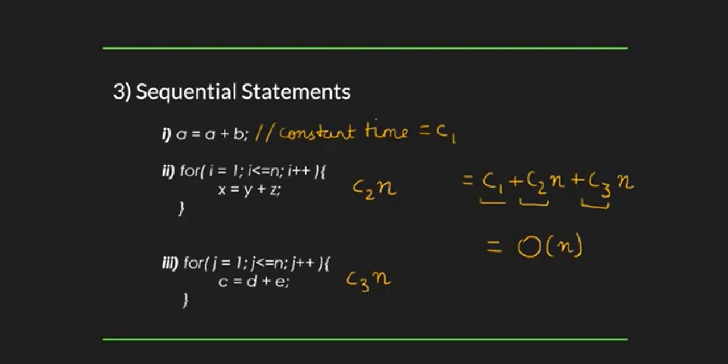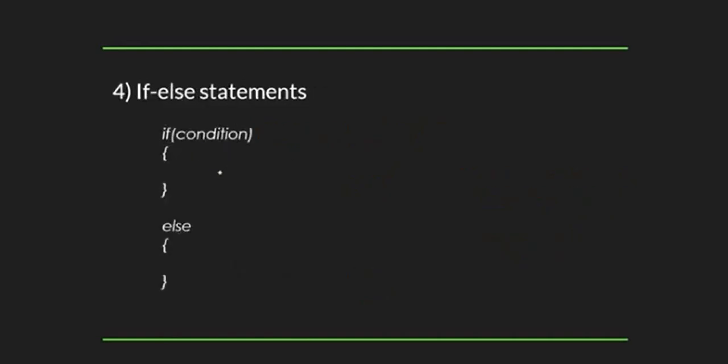Next, let us look at how do we find out time complexity when we have conditional statements such as if-else. We evaluate the situation when values in if-else conditions cause maximum number of statements to be executed. So let's say that inside this if condition we have a for loop whose time complexity is big O of n.